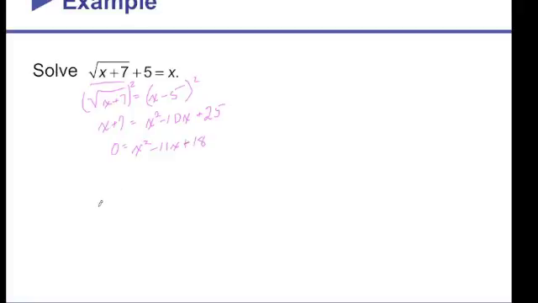Now, I can factor that. I need two things that multiply together to get 18, and add to negative 11. How about negative 2 and negative 9? So x squared minus 9x minus 2x plus 18.